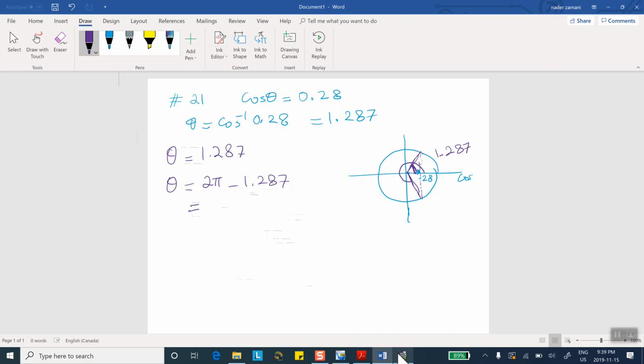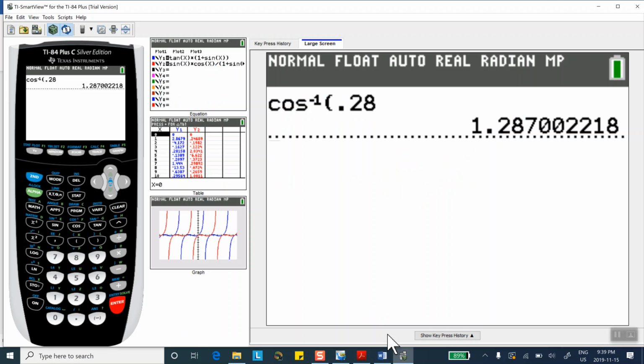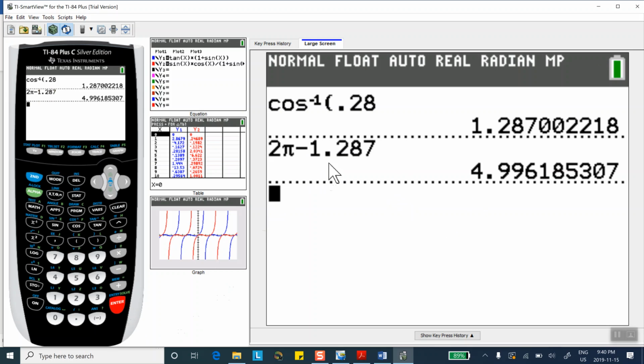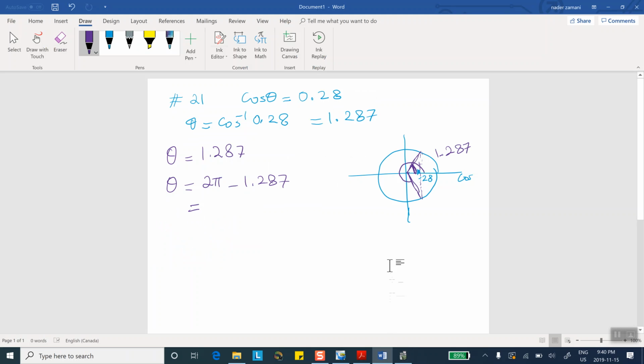Now, if I want to get this in terms of numbers, without the 2 pi, let me go ahead. 2 pi minus 1.287. So it's going to be 2 pi, second function, here's a pi, minus 1.287, and enter. This is the other, 4.996. So let me write 4.996, and let's double check that.